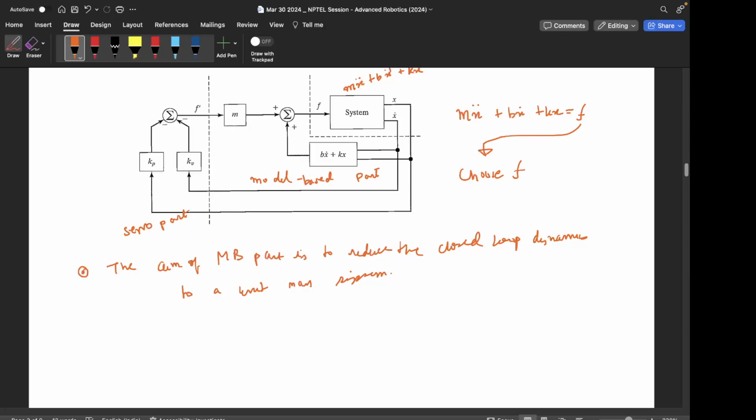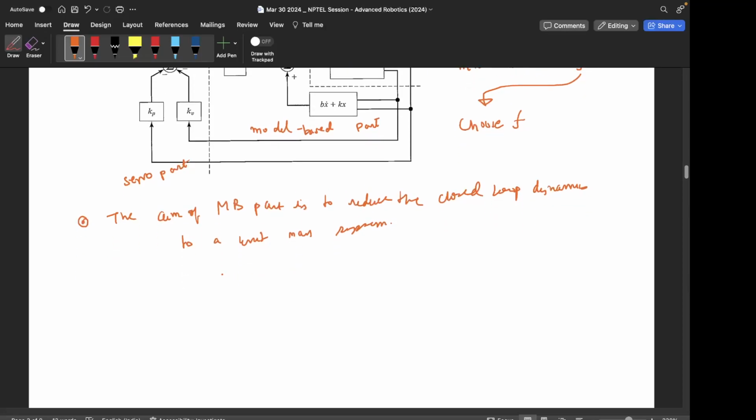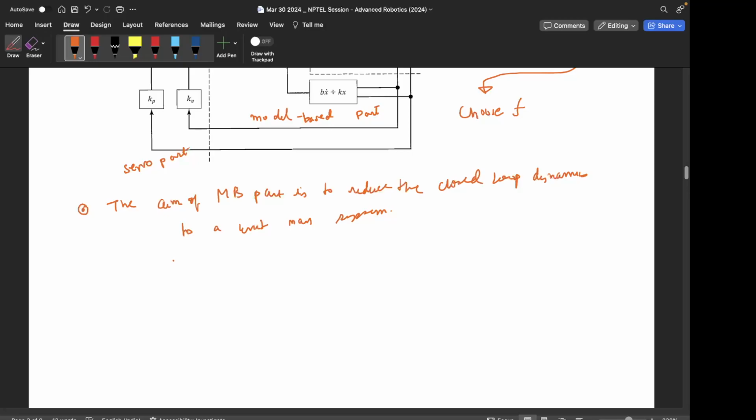So how will we do that is like this. So let us choose f, which is our original control input. Let us write that as alpha times f dash plus beta. So this is the original control input. Now in this modified expression, this is the new control input.